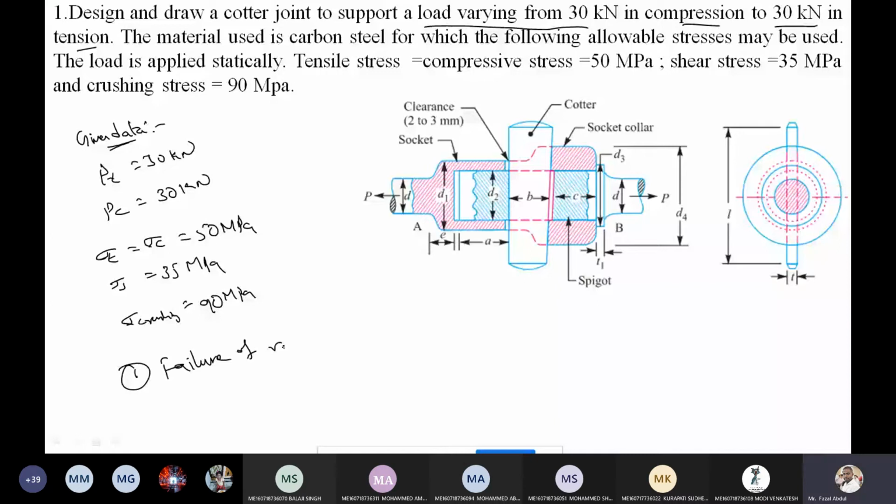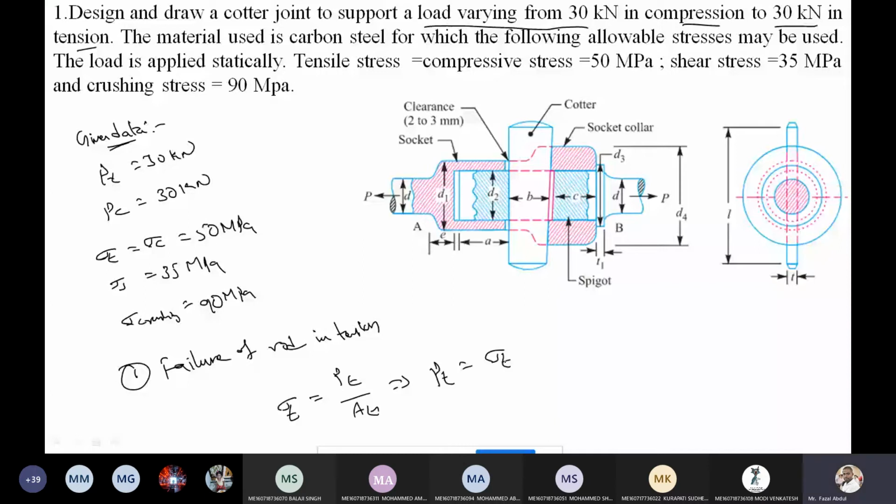Because the rod fails in tension, the respective stress is tensile stress: tensile stress equals tensile load by tensile failure area, so tensile load equals tensile stress into failure area.